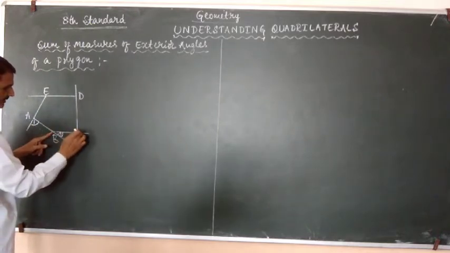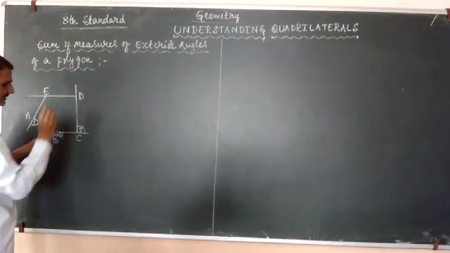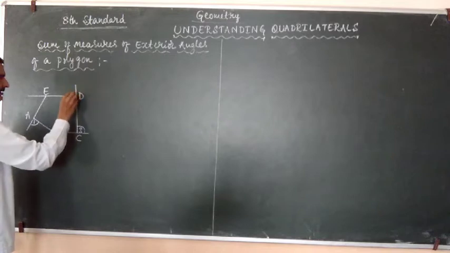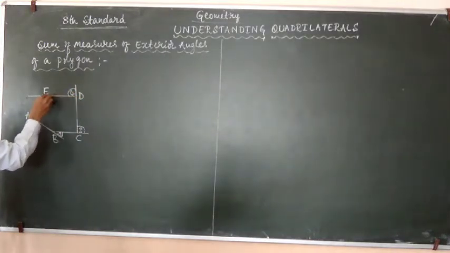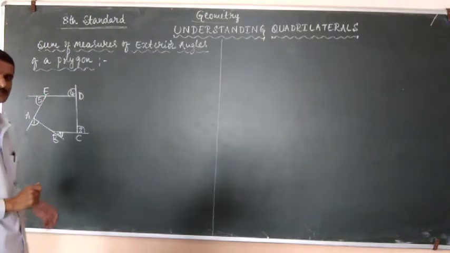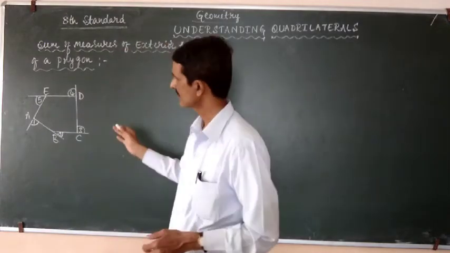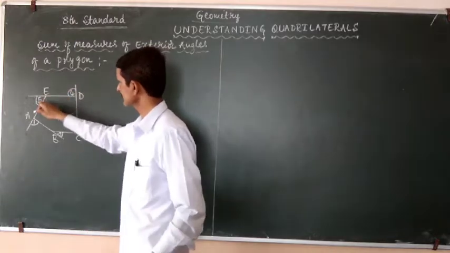Similarly, side BC is extended. Call this the third angle. CD is extended. Call this the fourth angle. And DE is extended. Call this the fifth angle. Therefore, there are 5 exterior angles.